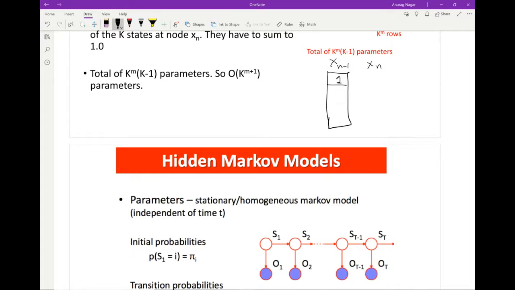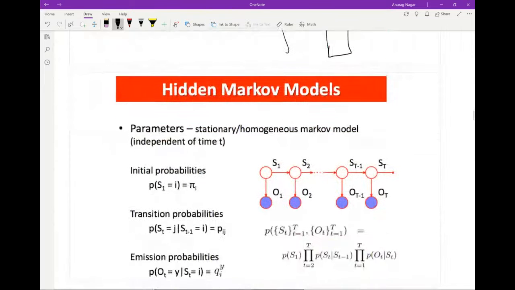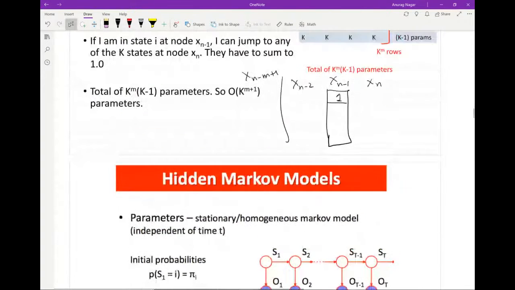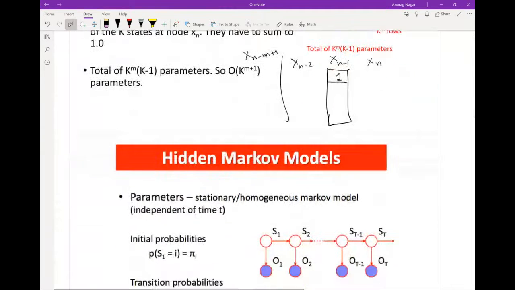For mth order, you go back n minus 2 all the way up to n minus m plus 1. You go back here and then you can figure out the case. That is figuring out the complexity, the theoretical details.